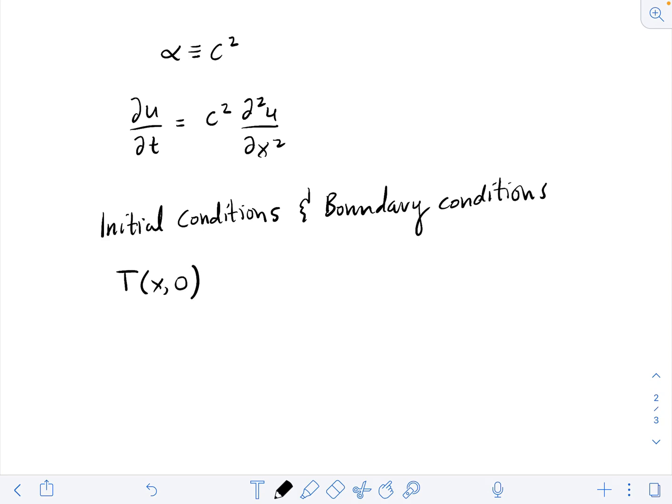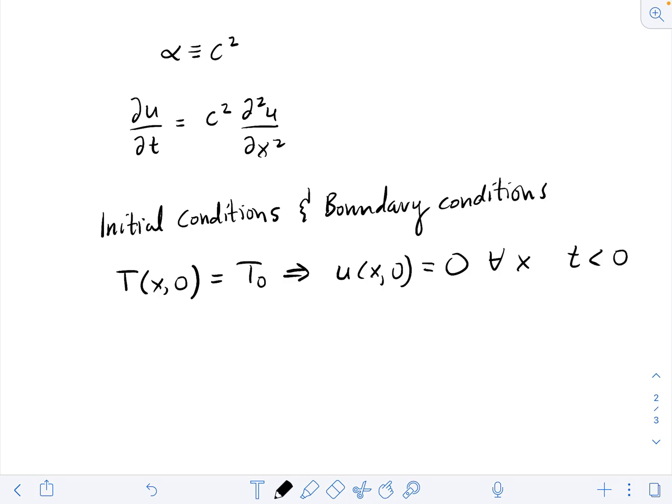The initial condition for temperature at t equals 0, or all times before t equals 0, is that the bar is at a uniform temperature T0. Because u is defined to be temperature minus T0, that means u is equal to 0 for all x when t is less than 0.